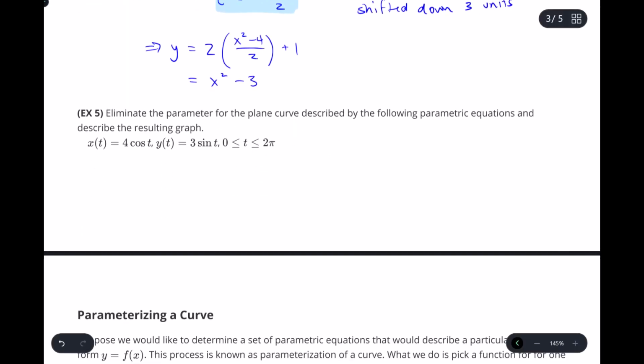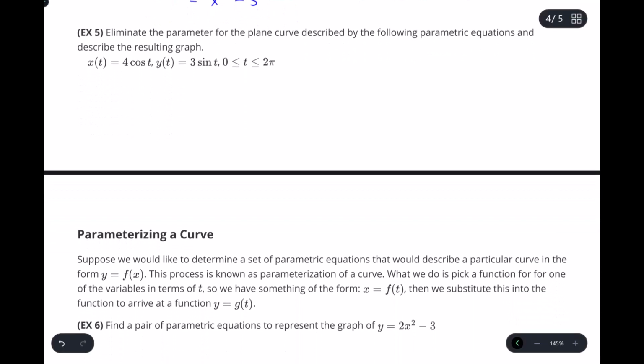All right, our last example here. Eliminate the parameter for the plane curve described by the following parametric equations and describe the resulting graph. Okay, so I have x equals 4 cosine t and y equals 3 sine t.